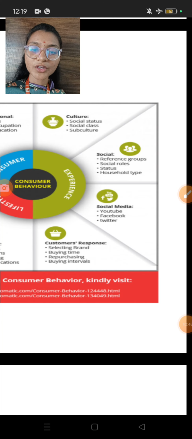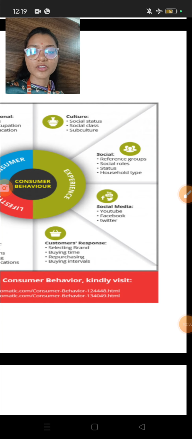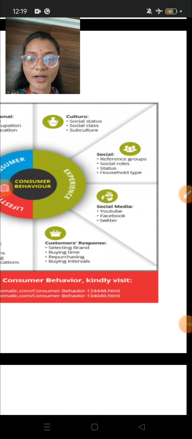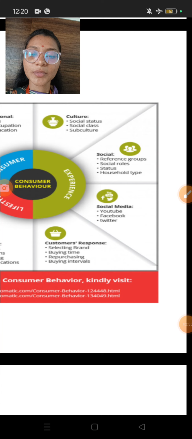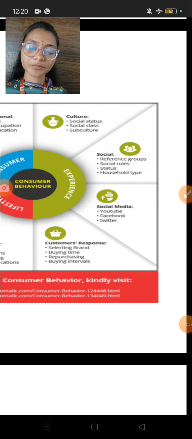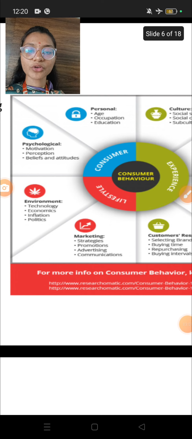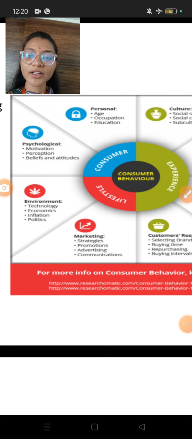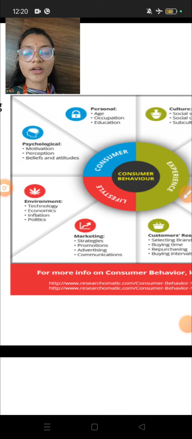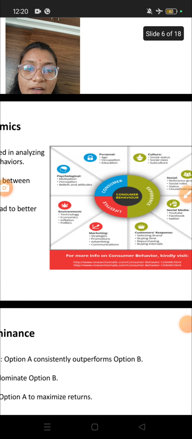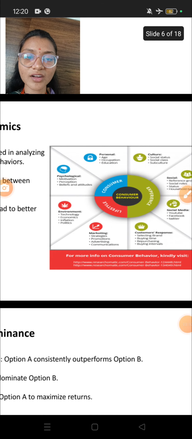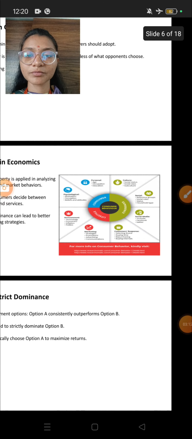In social media: YouTube, Facebook, Twitter. In customer responses: selecting brand, buying time, purchasing and buying intervals. In marketing strategies: promotion, advertising, communication. Environment: technology, economics, inflation, politics. This is consumer behavior, experience, consumers and lifestyle.